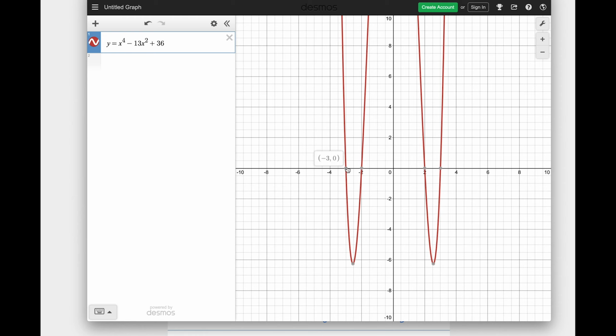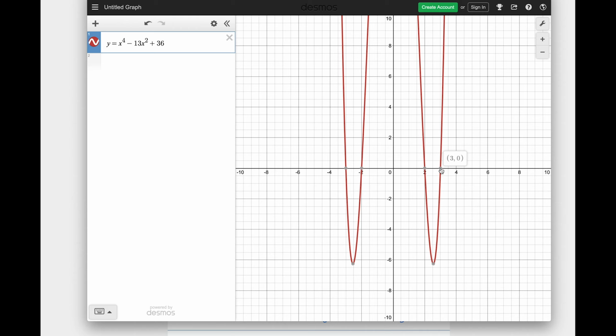It looks like it's crossing it 4 times, and we found them, right? You see this point? Minus 3 comma 0. This is when x is negative 3, the y value is 0. Minus 2. At 2, when x is 2, the output is 0 as well. And when x is 3, the output is 0. Right?